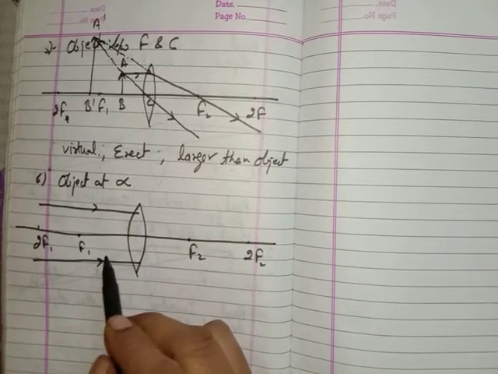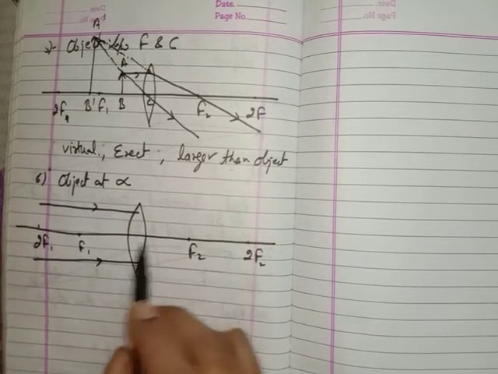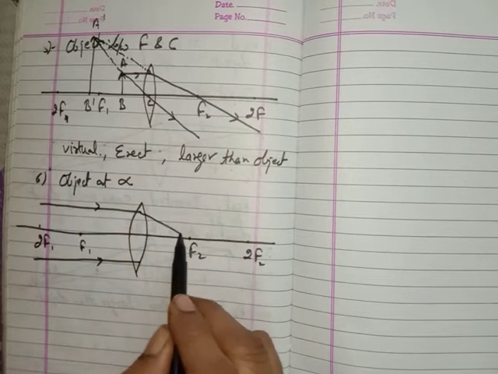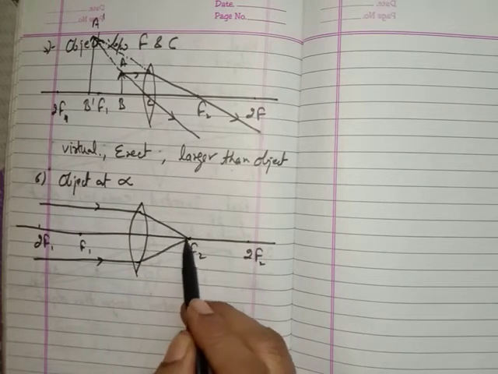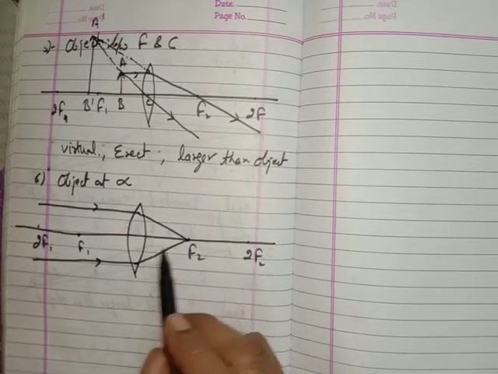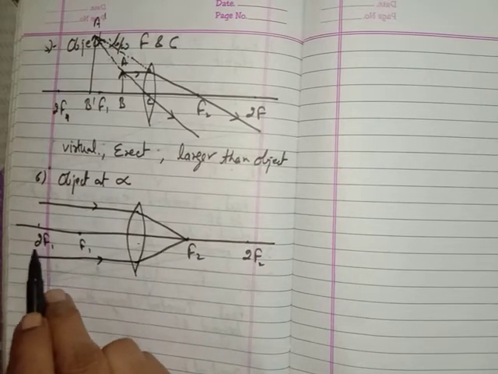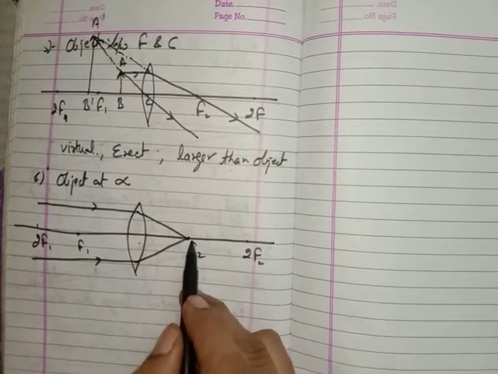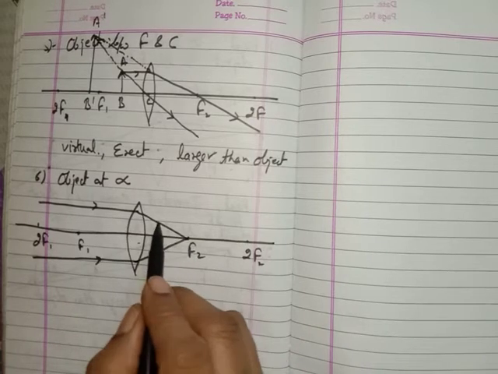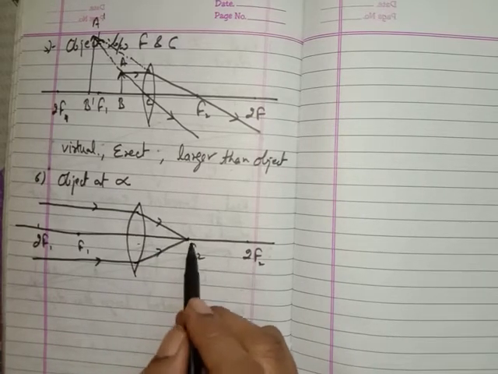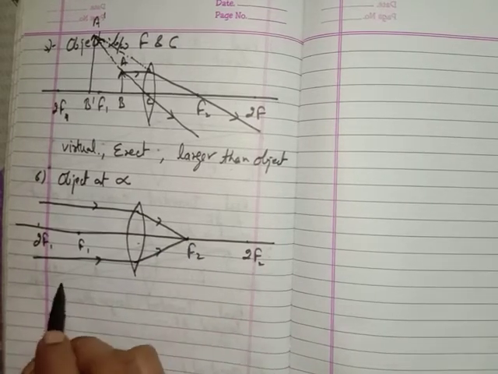Since they are parallel to each other, they will meet at the principal focus. So the image of an object placed at infinity is always formed at the principal focus. And since the light rays actually meet at the point, the image is real.